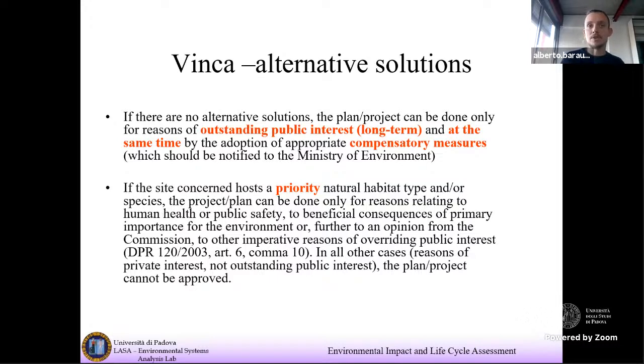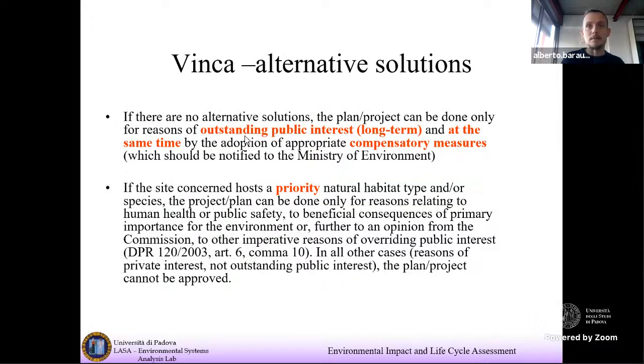If your site concerns a priority habitat or species, the one with the asterisk in the annexes of the directive from 1992, your plan or project can only be done for reasons relating to human health or public safety. Or you have to ask an opinion from the Commission if you are referring to other imperative reasons of public interest.